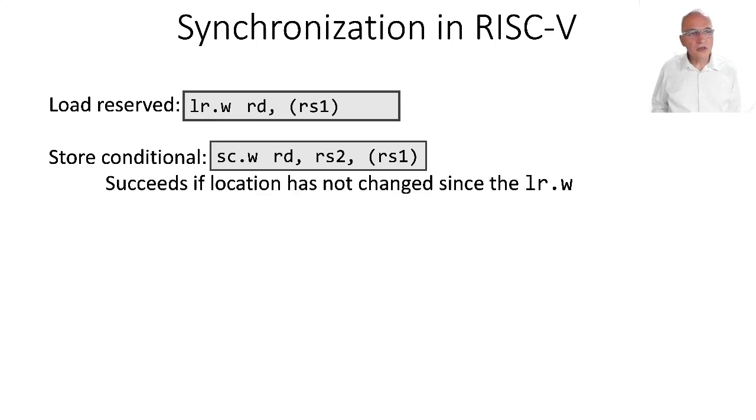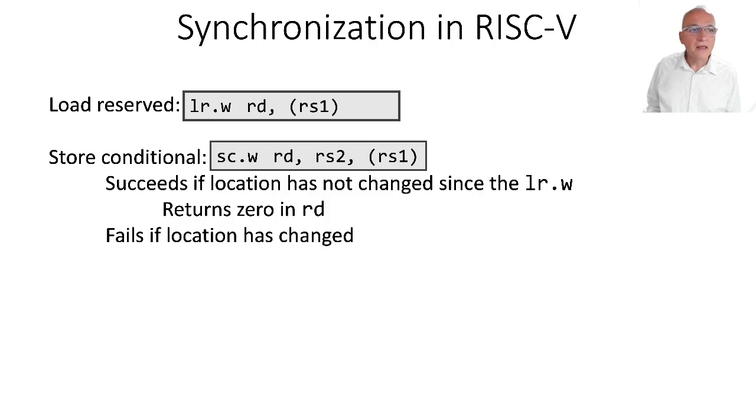The store conditional succeeds if the location has not changed since the load reserved word to that same location. And so the store conditional, different than a normal store, returns a value. It returns 0 in the destination register if it succeeds, and it fails if the location has changed.